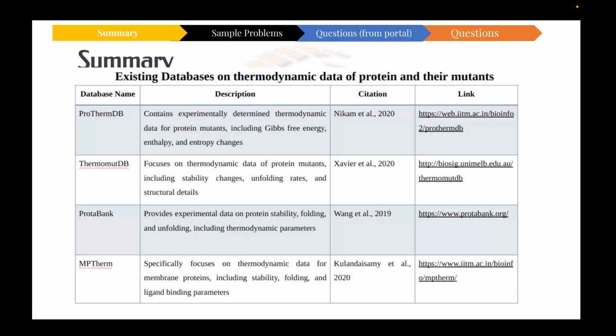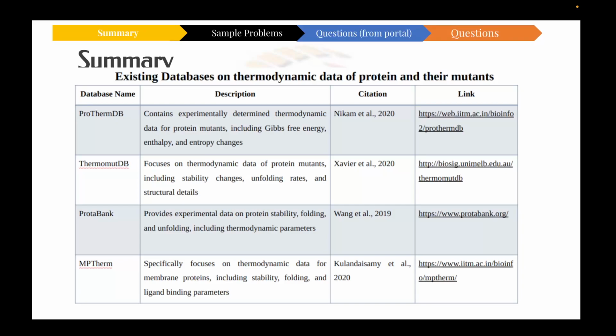ThermomutDB is a similar database that focuses on thermodynamic data of protein mutants. And we have ProtaBank, an online repository that stores thermodynamic data and kinetic data for protein folding and kinetic stability. MPTherm is a like-to-like match for Protherm, but it is a specific database for membrane proteins and their mutants.